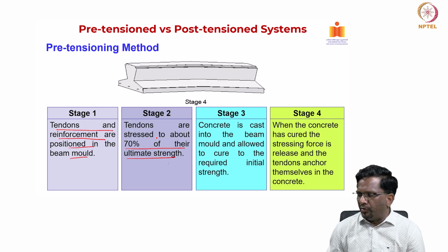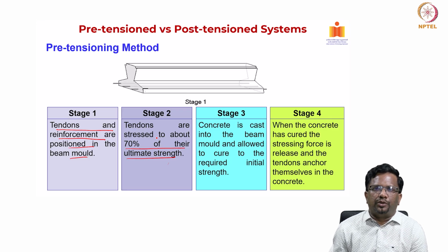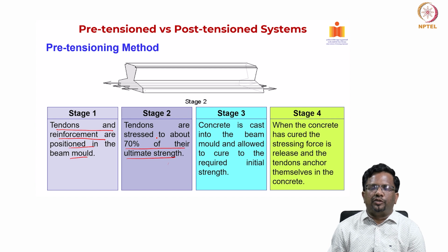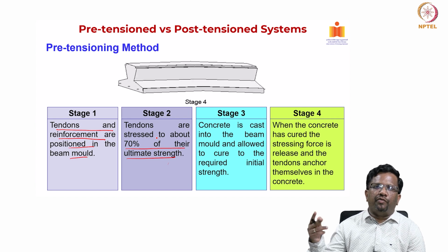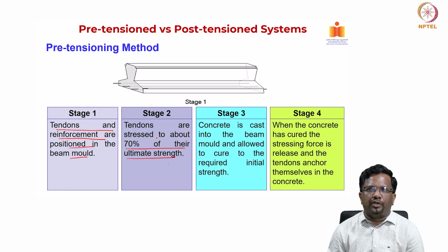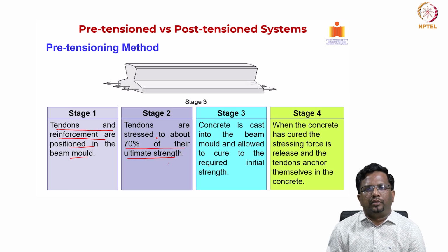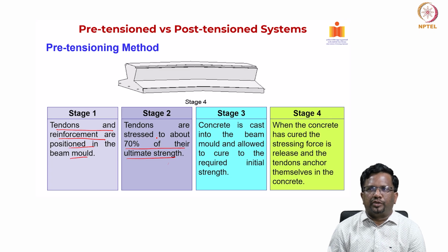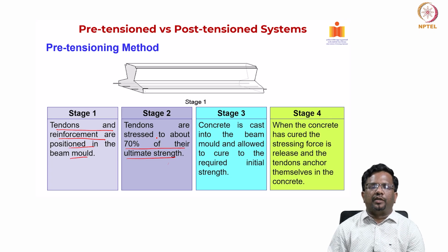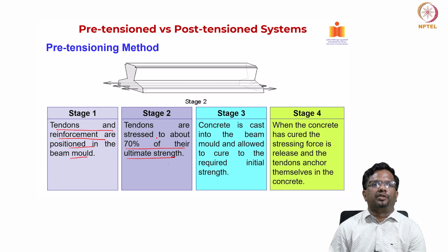In stage 4, once the concrete is cured, the stressing force is released. In pre-tensioning, we typically cut the strand or tendons, and while we cut it, the prestressing force is transferred and the tendons anchor themselves in the concrete.